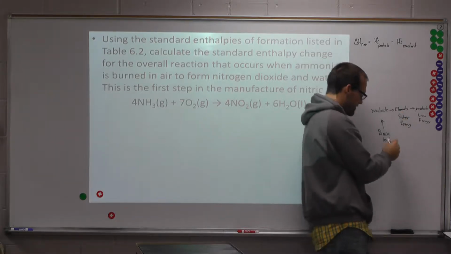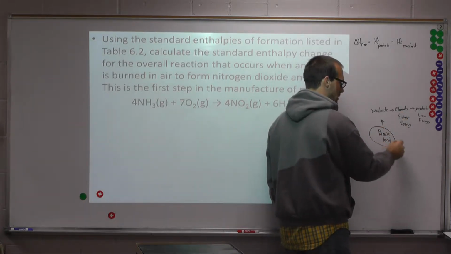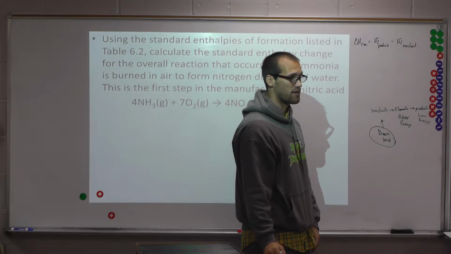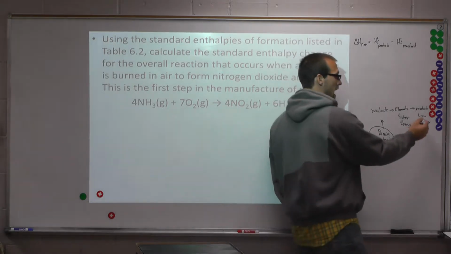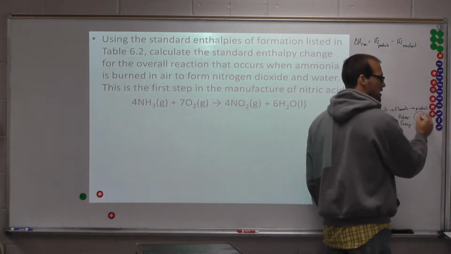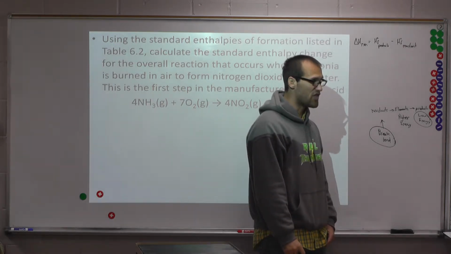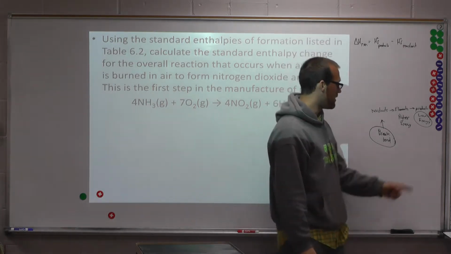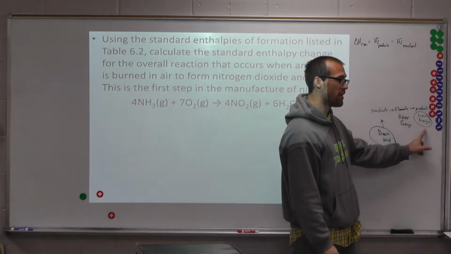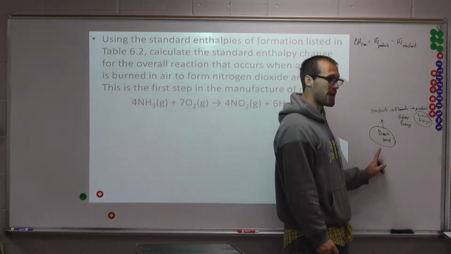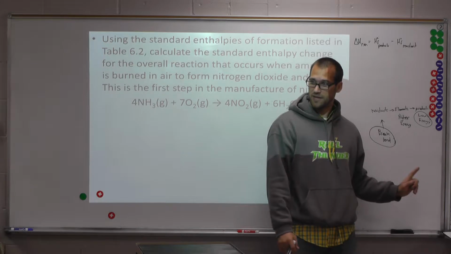So every chemical reaction requires energy to break bonds. Every chemical reaction gives off energy when bonds are formed. Every single time. Now, the net depends on whether it gave off more in forming, or required more in breaking. Does that make sense?